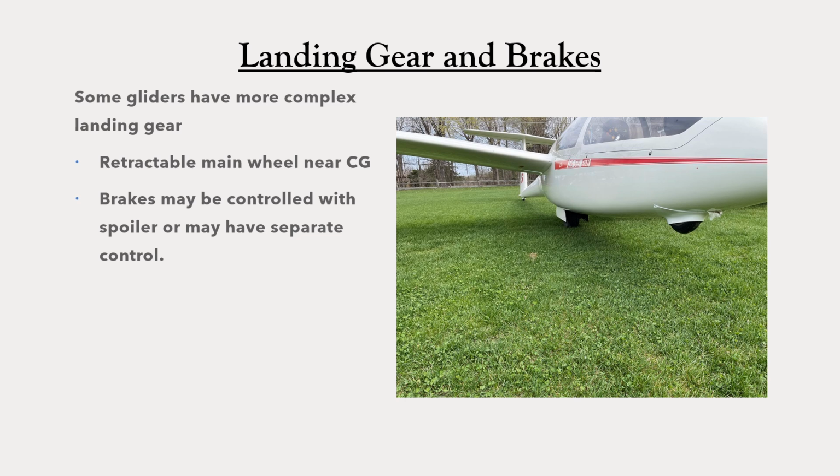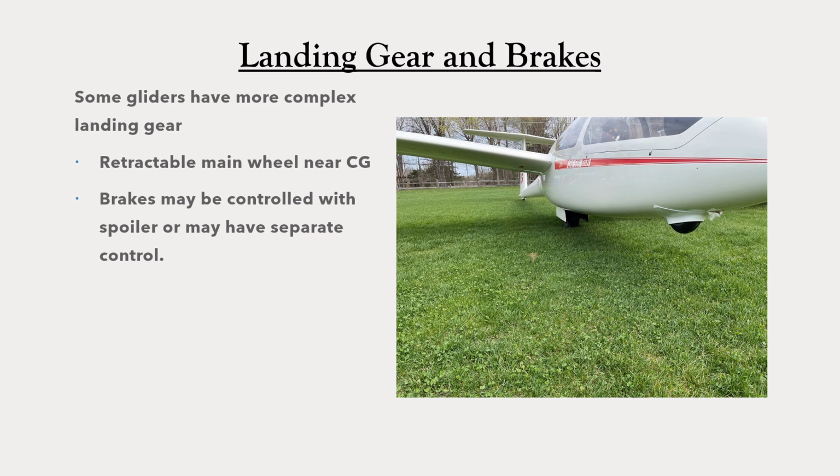This has a brake on the wheel itself, and a lot of gliders do. Our Grobs have brakes on the wheels. In some gliders, the brakes are controlled by a separate control, and it isn't totally consistent from one glider to another. Sometimes it's a trigger mechanism on the stick.